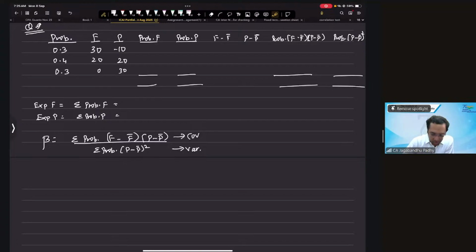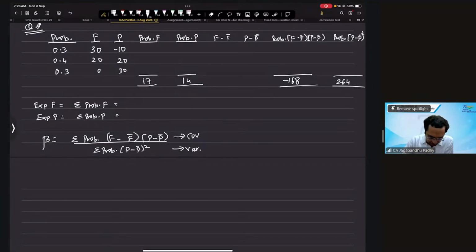The total of probability into F is 17. Then probability into P totals 14. The product should be minus 168. And the last column should be totaling to 264.